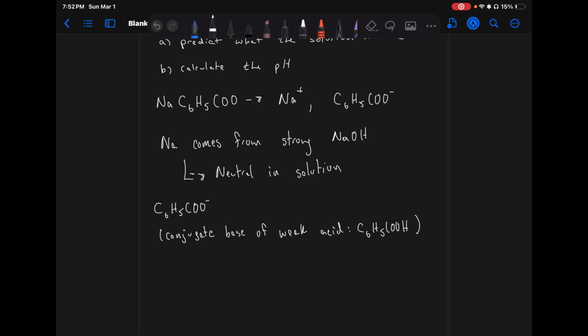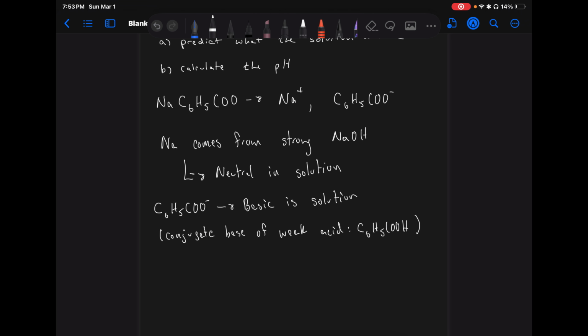So therefore, this will be basic in solution, because it's the conjugate base of the weak acid C6H5COOH. Because the acid is not strong, it'll just be the opposite. Like, I feel like I'm low-key not making sense here, but the C6H5COO- will be basic in solution because it is the conjugate base of the weak acid.